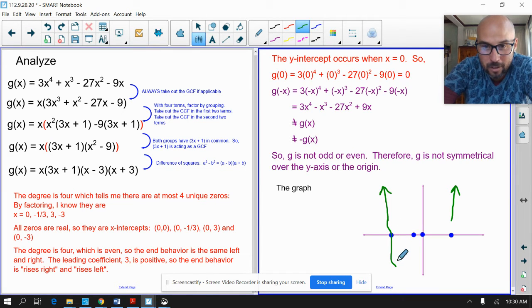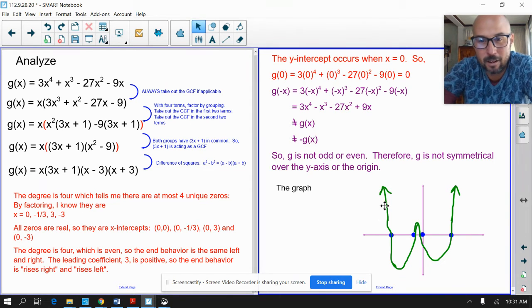I know I have to turn around and hit this, so I do a turning point, and I have to turn around again and hit this ordered pair, and then turn around one more time. Yikes. So that's a very rough, ugly sketch of what this function would look like. But the key things are the end behavior is up on the left and the right. It's hitting the x-axis 4 unique times, and that would be full credit.